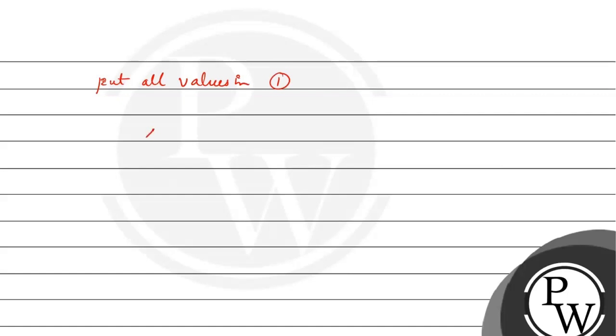If we put that, it will come as delta H is equal to 2.1 kilocalorie, which is given in the question, delta U is given, plus 2 into 0.002 kilocalorie per Kelvin into 300 Kelvin.